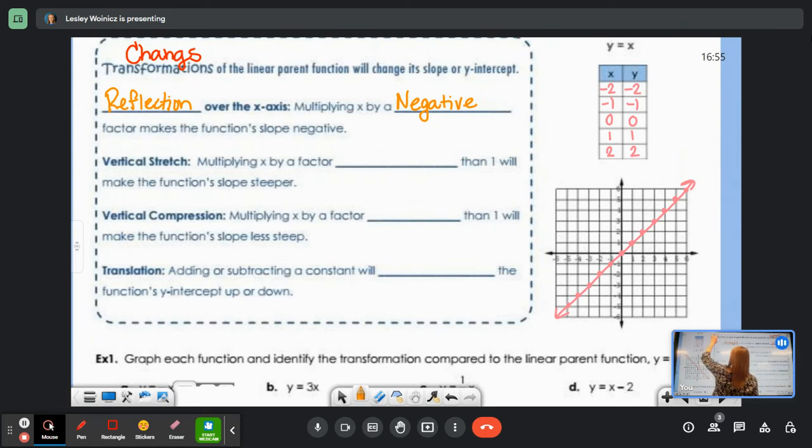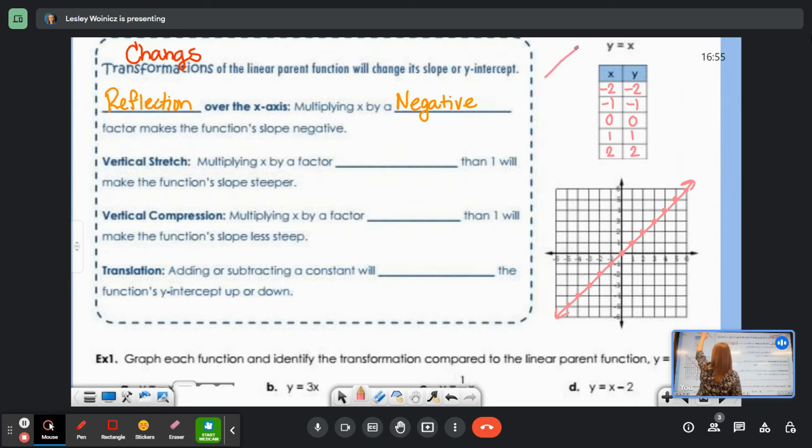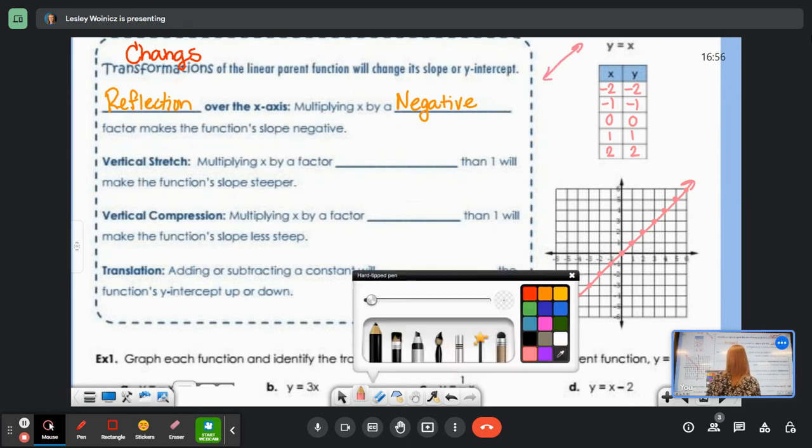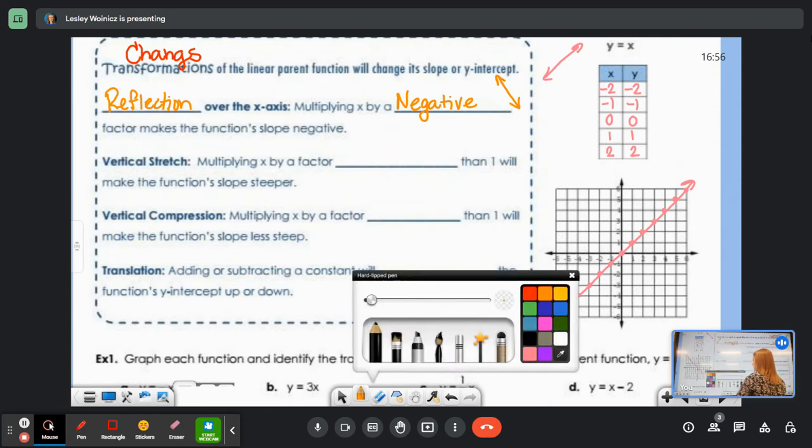So instead of going up like the parent goes, if we make it negative, I'm going to do the parent in pink like I had it. Parent, normal, regular parent, positive slope. If I multiply it by a negative, now it's going down. It's got negative slope.